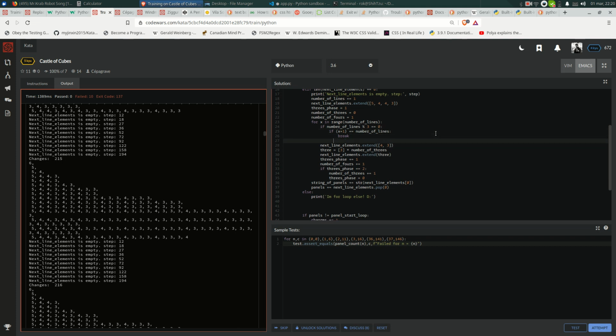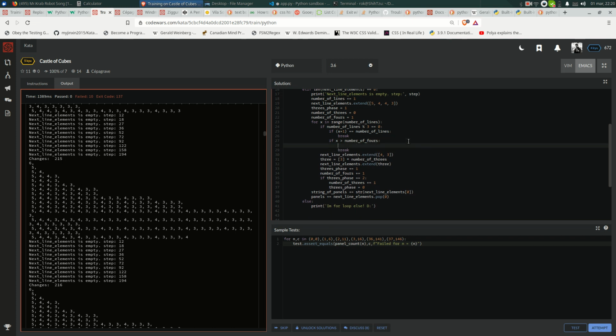Let's just make another one. Say, if x is larger than number of fours, say break, and also print out "x is larger than number of fours".